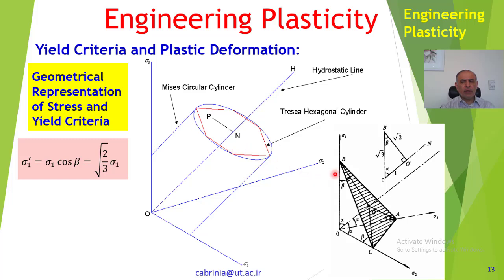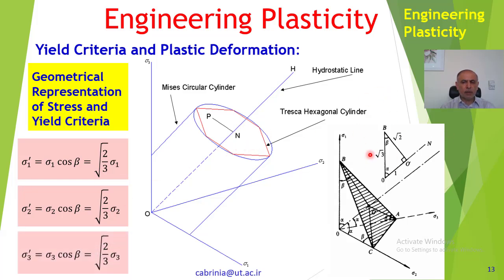If we have these components of stresses sigma 1, sigma 2, sigma 3, and we want to scale them down onto this deviatoric plane, we just multiply by this scale factor, root 2 over 3. Similarly for sigma 2 prime, because it's the same triangle all over, the proportion is the same, because this edge makes the same angle. Okay, 1 over root 3.